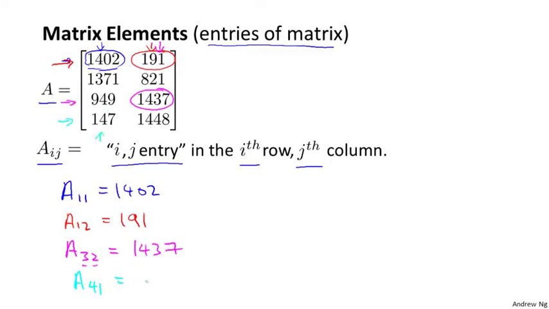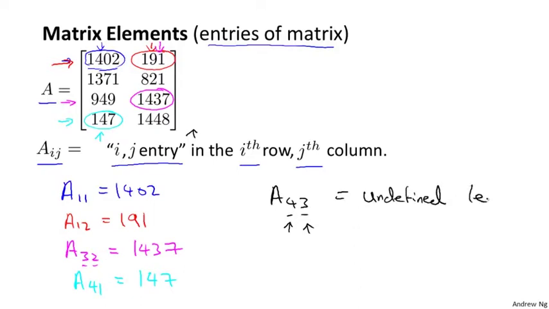Fourth row, first column, which is equal to 147. And hopefully you won't, but if you were to write, say, A43, well, that refers to the fourth row and the third column, but this matrix has no third column, so this is undefined. Or you can think of this as an error. There's no such element as A43, so we shouldn't be referring to A43.